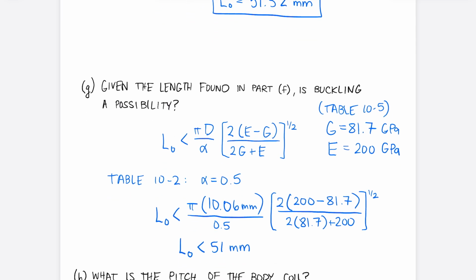So if we carefully control the forming of the ends so that our alpha constant goes down a little bit more, then we will have a free length upper limit that's a little bit larger, and then we'll be underneath that value.